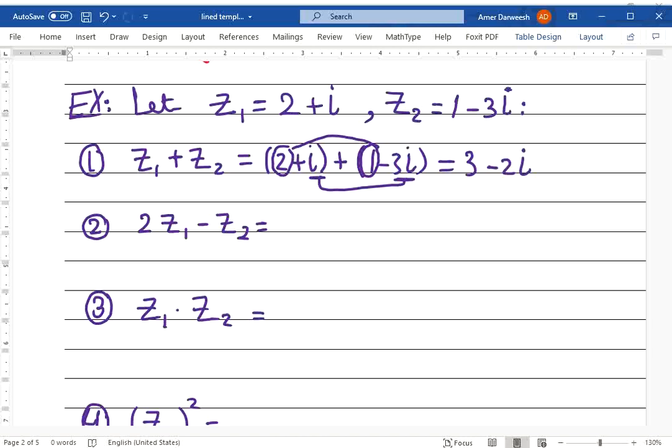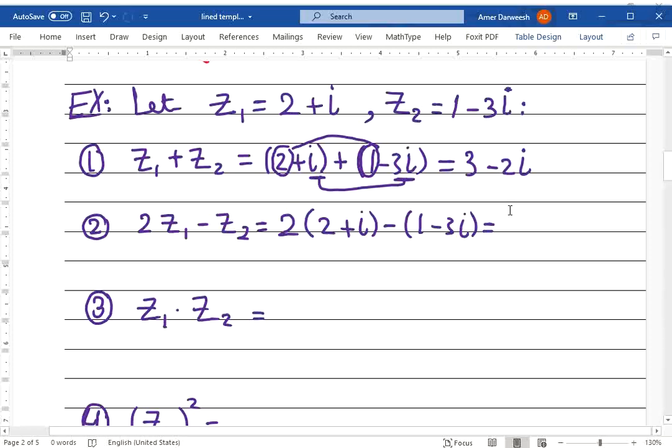Now 2z1 minus z2, so we multiply real number 2 with 2 plus i, minus 1 minus 3i. راح نستخدم التوزيع اللي بالريال والضرب السالب اللي بالريال نفسه على الكومبلكس زي ما حكينا بالملاحظة. إذا راح يعطينا 4 plus 2i هاي الفيرست بارت. السكند بارت minus 1 plus 3i. الآن رايحين نستخدم الجمع the real parts together, imaginary parts together.